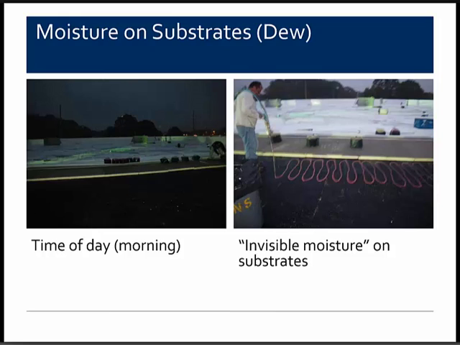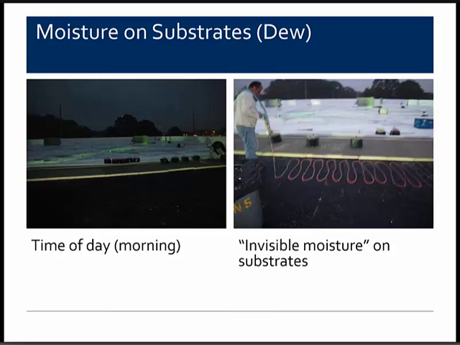This particular picture is of a morning time installation where the contractor was installing adhesive on the deck, and subsequently the deck had a small amount of moisture that was not visible to the eye or touch. The insulation was installed.